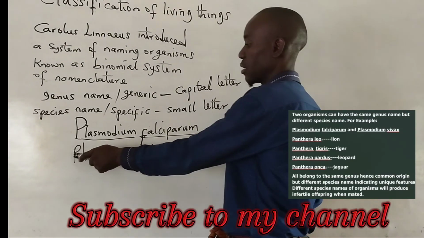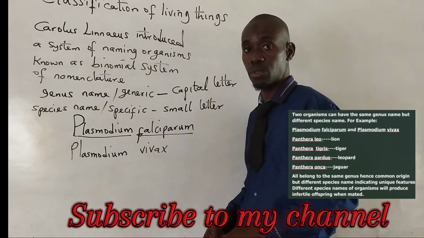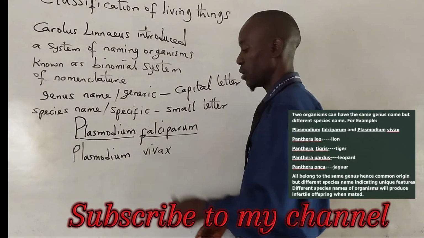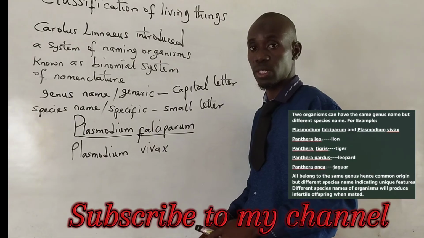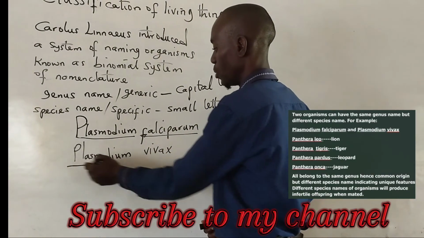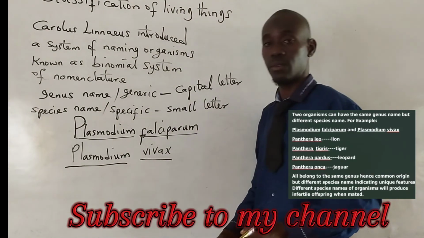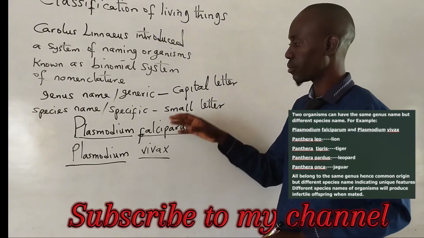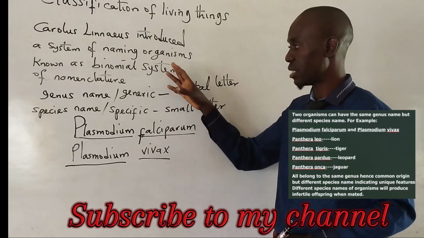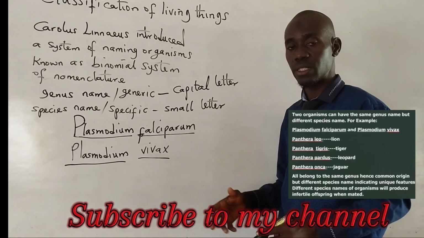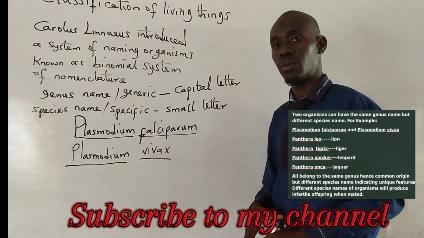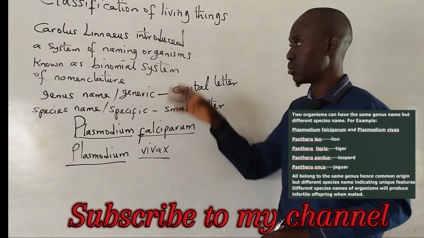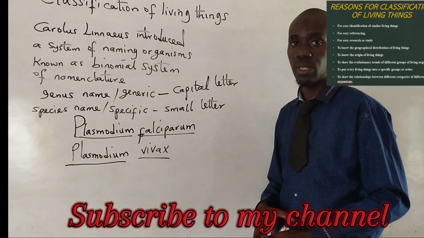The first letter of the genus name must be in capital letter. The first letter of the specific name must be in small letter. Both of them must be underlined separately. So this is the rule guiding the writing and naming of organisms as proposed by Carolus Linnaeus.